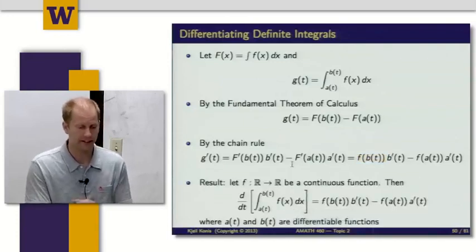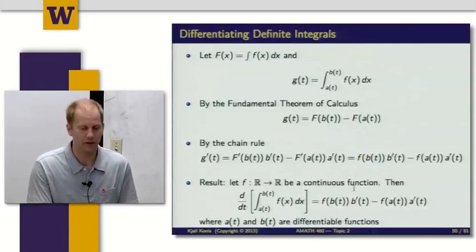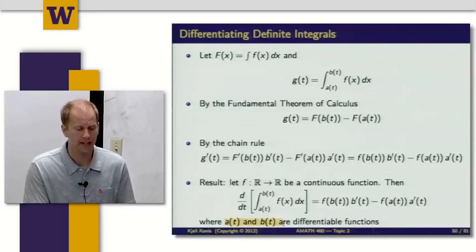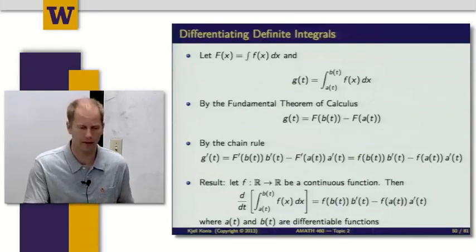Just to state it with all of its actual conditions, this is the statement out of the course textbook. f has to be a continuous function, and a of t and b of t have to be differentiable functions. Then the derivative with respect to t of the integral from a of t to b of t of f of x dx is just f of b of t times b prime of t minus f of a of t times a prime of t.